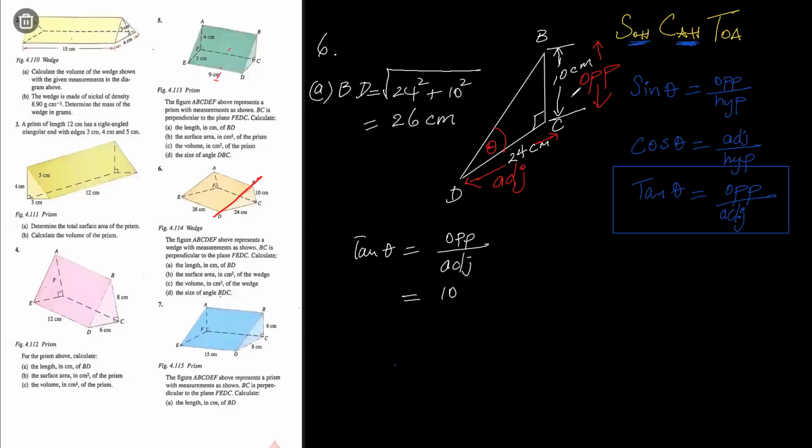All right, it's 10. The adjacent side is 24. So we had the 10 and the 24. So you're going to write tan theta is equal to 10 over 24.